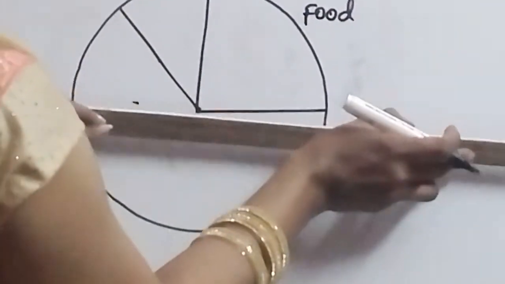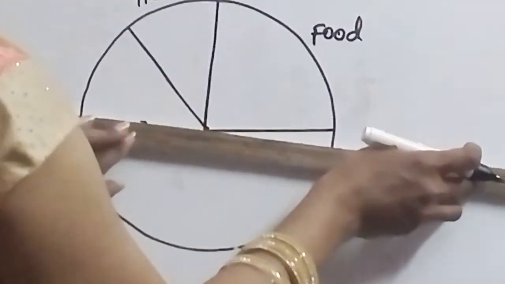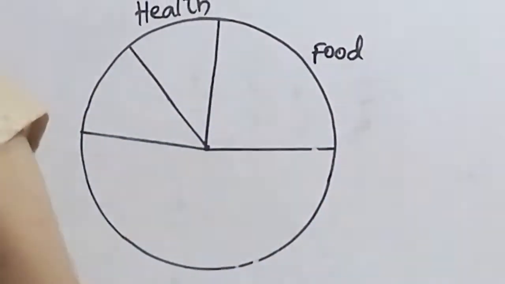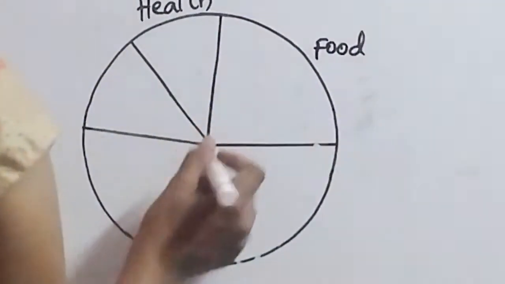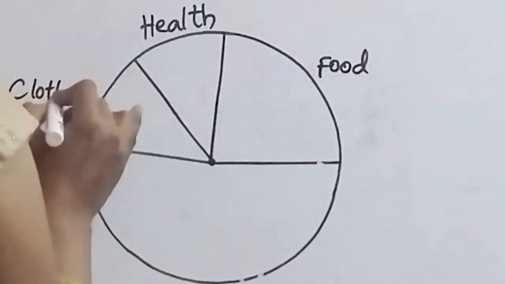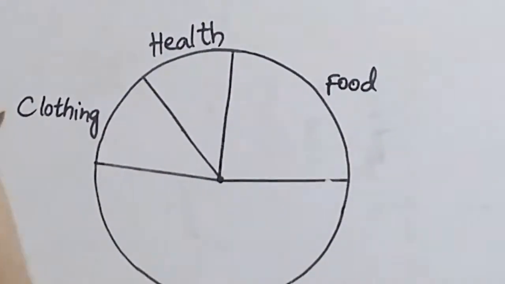Now join this. To the center you need to join. This is the center, this is the baseline, this is clothing. Clothing is finished. The next one is education.